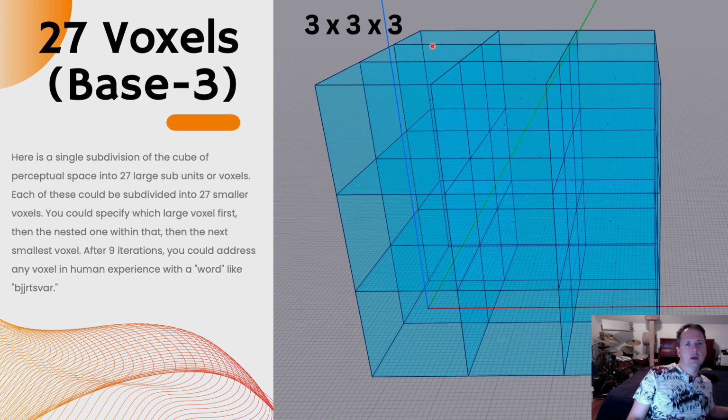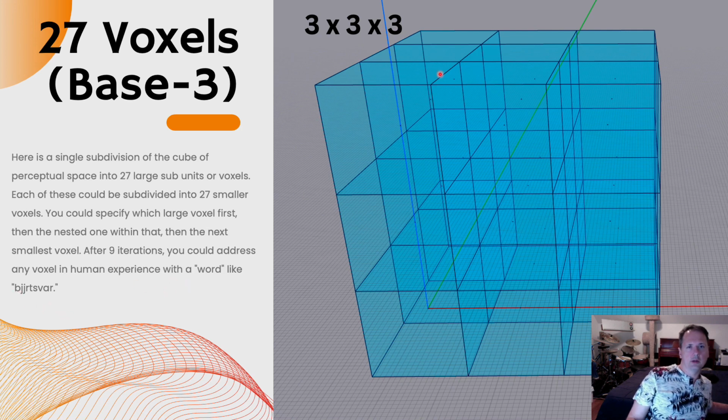But you could also take one of these smaller cubes and reiterate and subdivide it into 3 by 3 by 3, and you'd have 27 even tinier voxels in that. And then if you iterated that 9 times, you could get down to representing any of a trillion voxels with just a single 9-letter word. Like this right here could define pretty much any voxel within human perception.